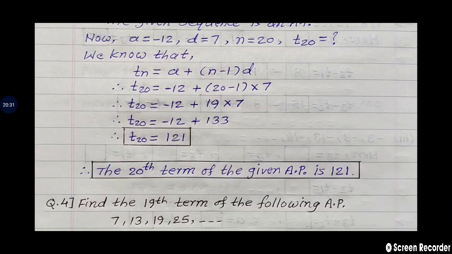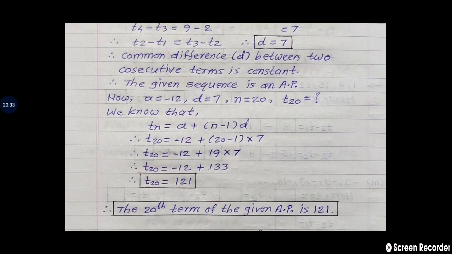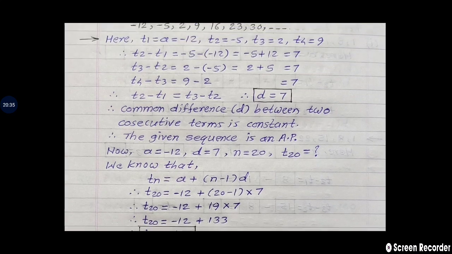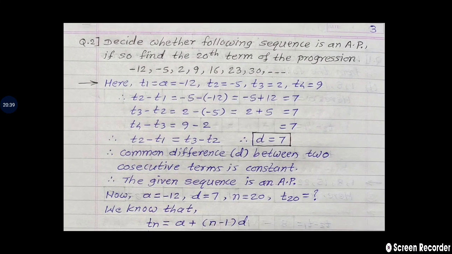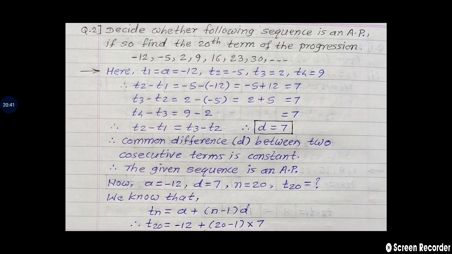All of you understood? So, how to solve this particular type of question? First of all, we decide whether the given progression is an AP or not. For that purpose, we find the difference. If the difference is a constant, then yes, the given sequence is an AP. Then any term we require, we find easily by using the Tn formula.